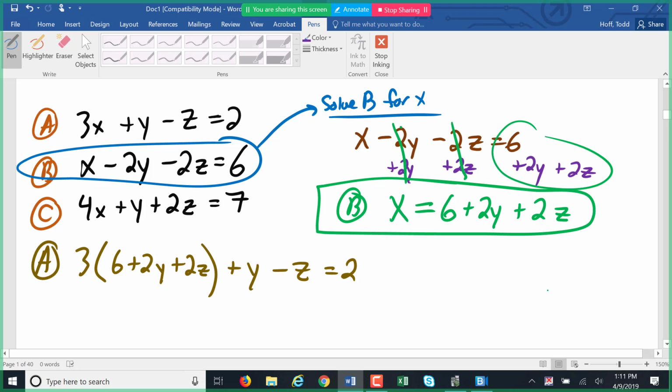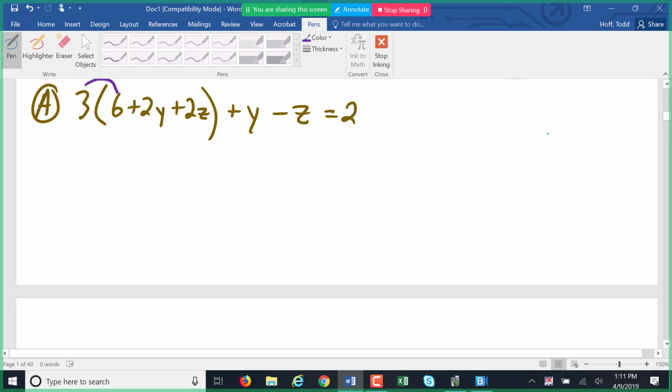Of course, we're going to distribute the 3. 3 times 6 is 18. 3 times 2y is 6y. And 3 times 2z is 6z.